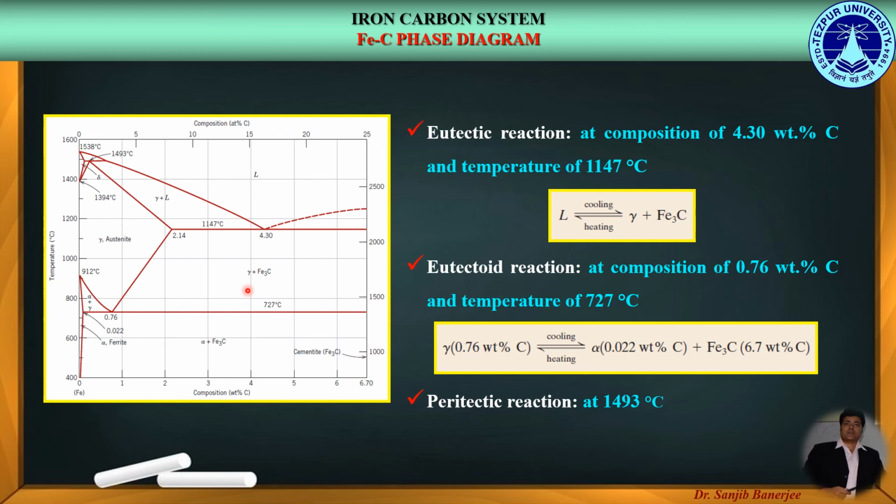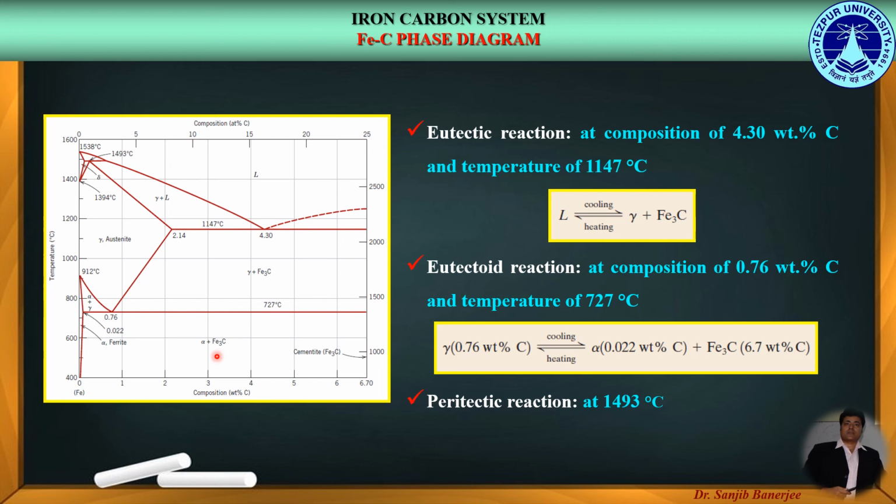The second phase reaction is a eutectoid reaction at composition of 0.76 or 0.77 weight percent of carbon and eutectoid temperature of 727 degree centigrade, where the austenite phase of eutectoid composition 0.76 weight percent of carbon on cooling get transformed into two solid phases of ferrite plus cementite.